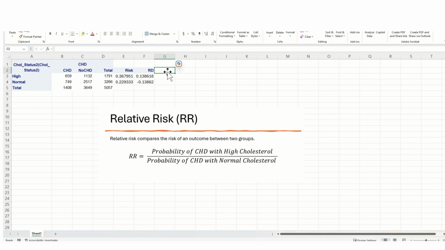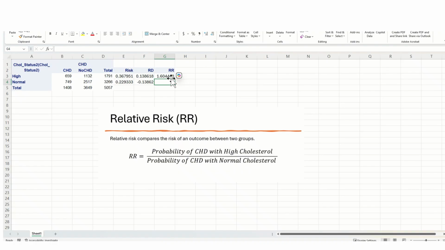Let's do it mathematically in the Excel sheet. So the relative risk of chronic heart disease among high cholesterol individuals is the risk of chronic heart disease in high cholesterol, which is 36%, divided by the risk of chronic heart disease among normal cholesterol individuals, which is 1.60443.